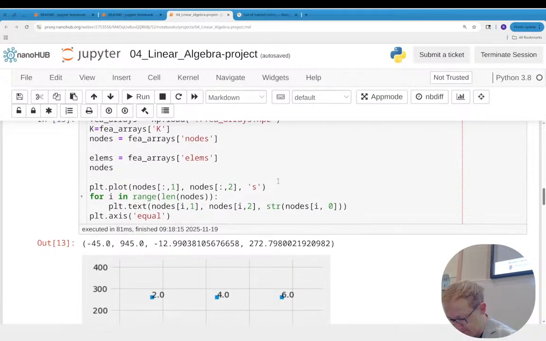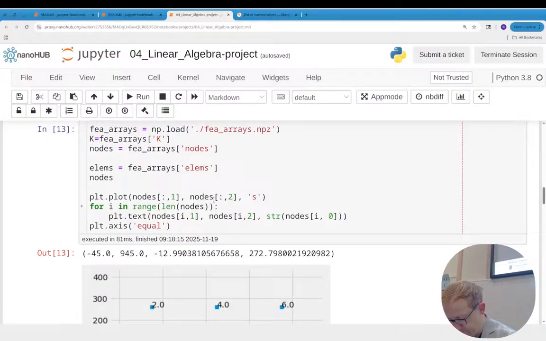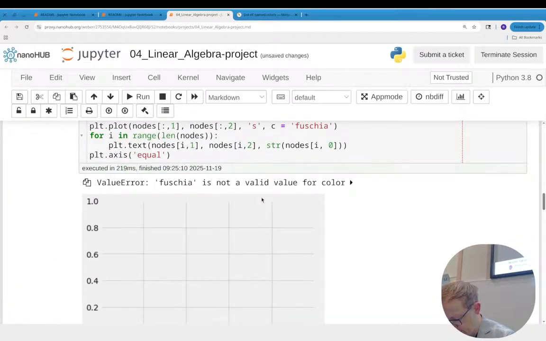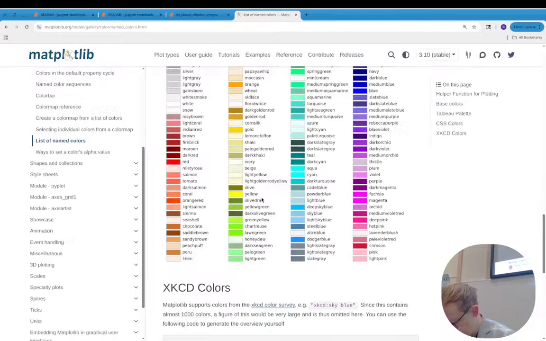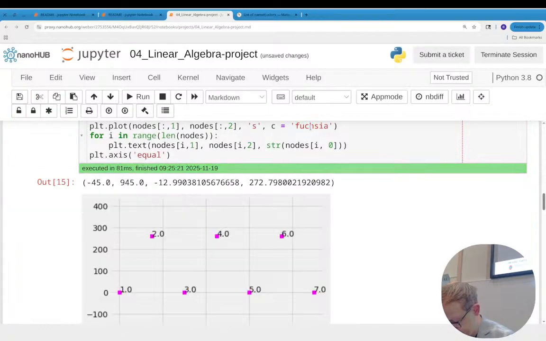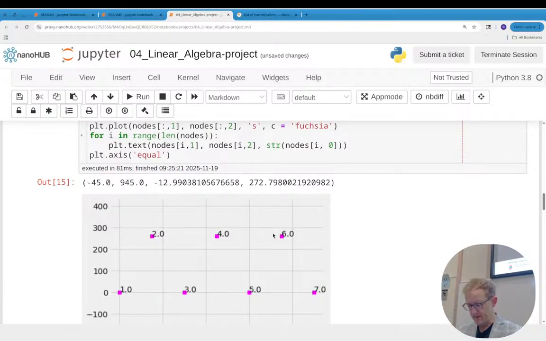Let's see. How do I? Fuchsia, if I can spell it. Fuchsia. Yeah, nice.